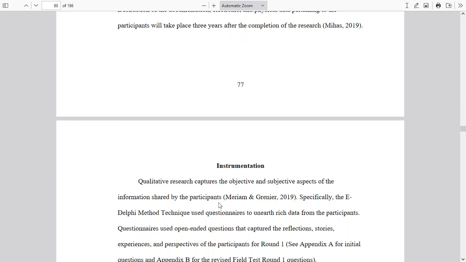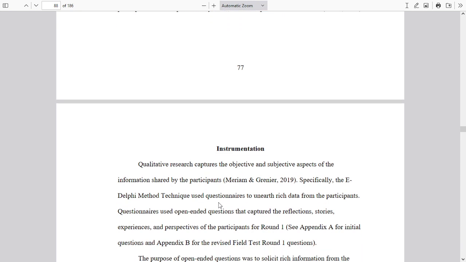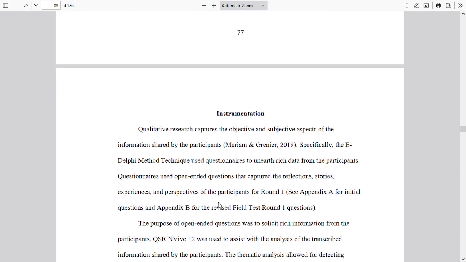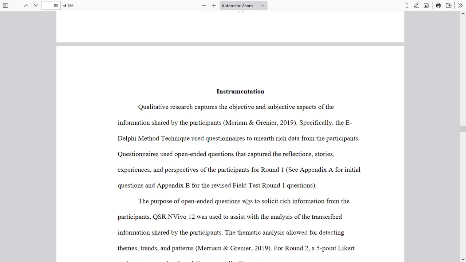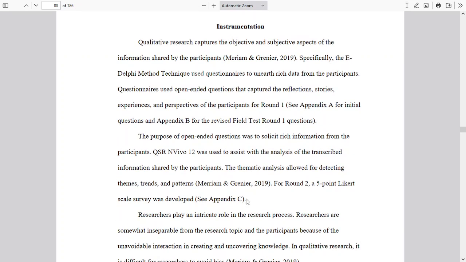So the instrumentation, I'll go over a little bit of that. Round 1, I asked 6 open-ended questions, and Round 1 was analyzed by this QSR NVivo 12.